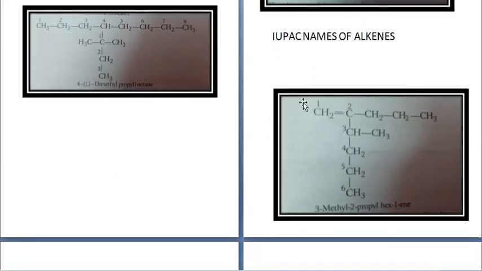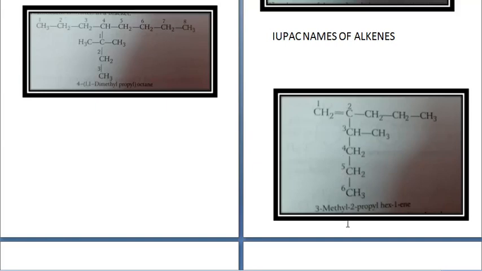See here, 1, 2, 3, 4, 5, 6. We could have selected this one, 1, 2, 3, 4, 5, 6, but then it would not have had a double bond. So we have to select this chain. And this becomes 3-methyl 2-propyl hex-1-ene.